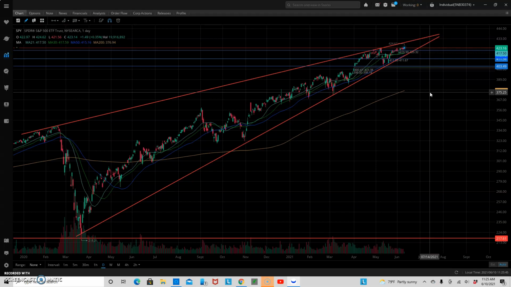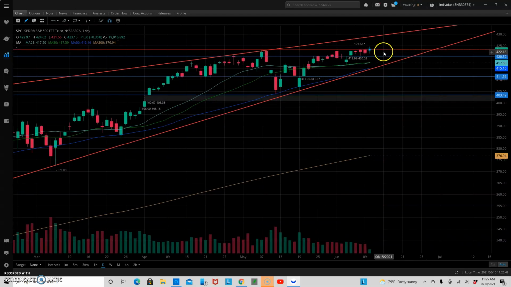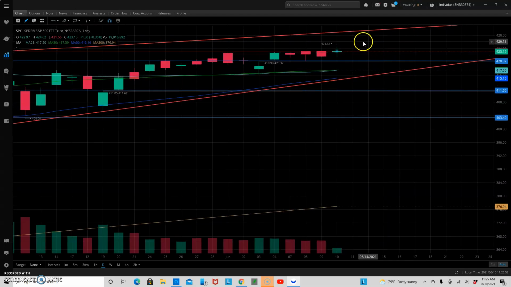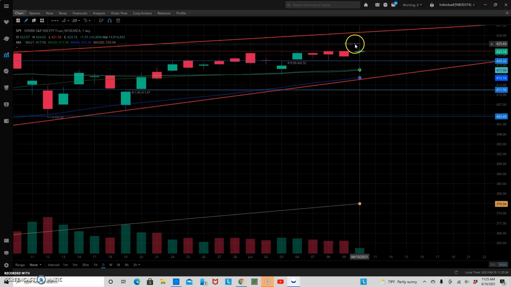Okay, so I just want to take a look at the levels we're currently trading at. We did reach a new all-time high today. As I zoom in on my daily chart here, you could see we hit a high of $424.62. Okay, and that was this morning after the inflation data came out.